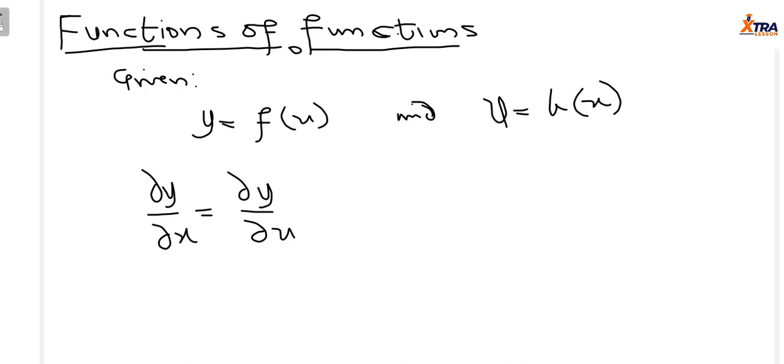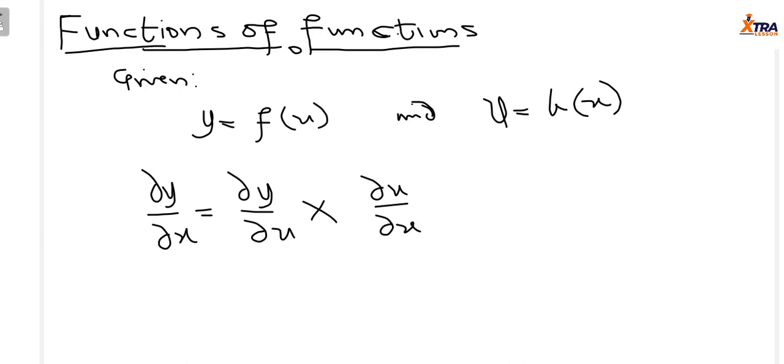So we are differentiating y with respect to what? To u. That is dy over du, times du over dx, with respect to what? To x.